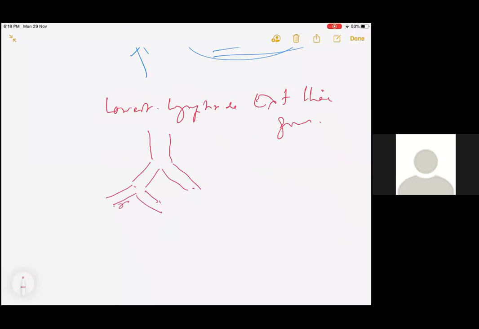There are nodes along this. And external iliac continues down as femoral below the inguinal ligament. So this, therefore, is the lowest, if I can use the term, the lowest external iliac group of lymph node also.